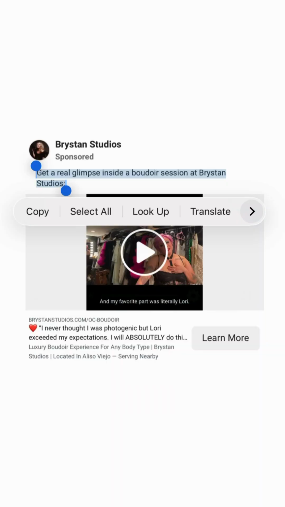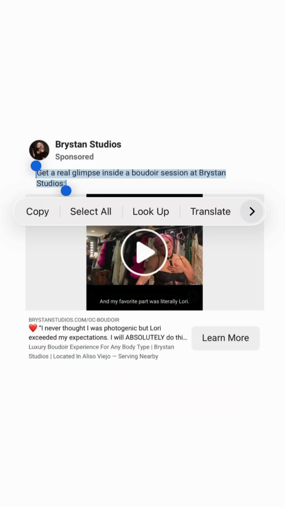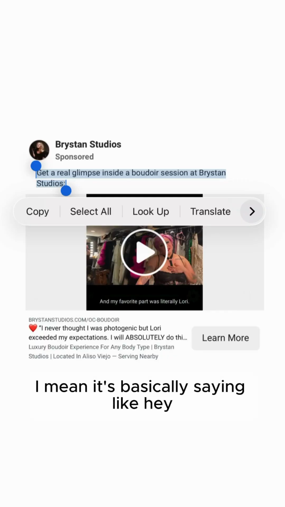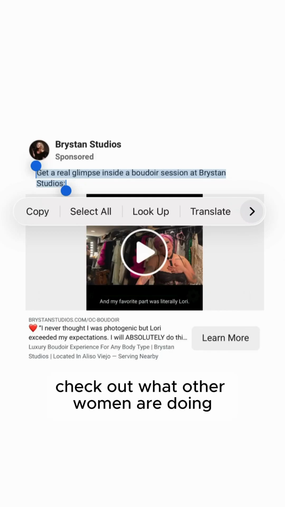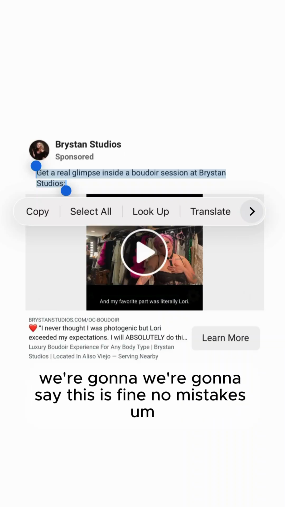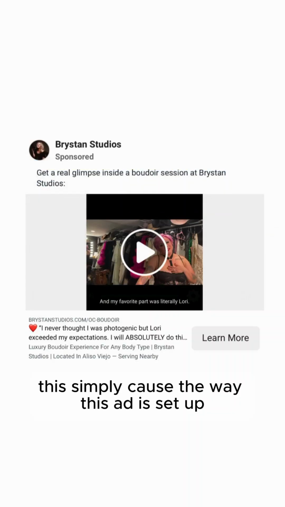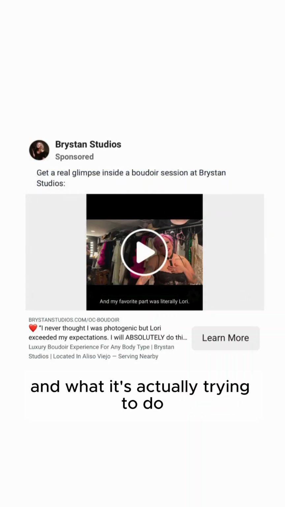I mean, we're definitely lacking context, but it's basically saying, hey, check out what other women are doing. So, all right, we're going to say this is fine, no mistakes, simply because of the way this ad is set up and what it's actually trying to do.